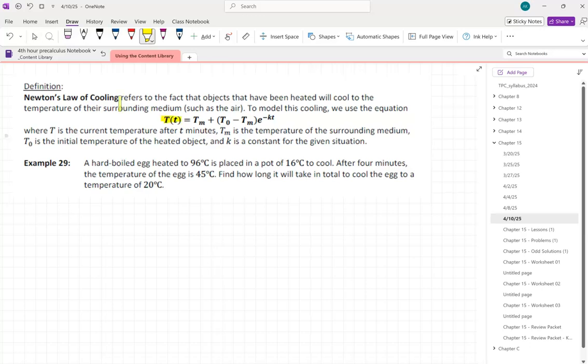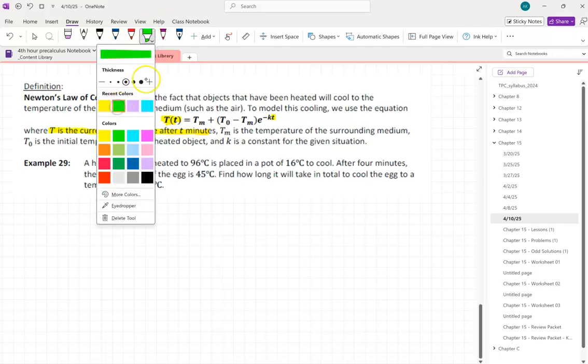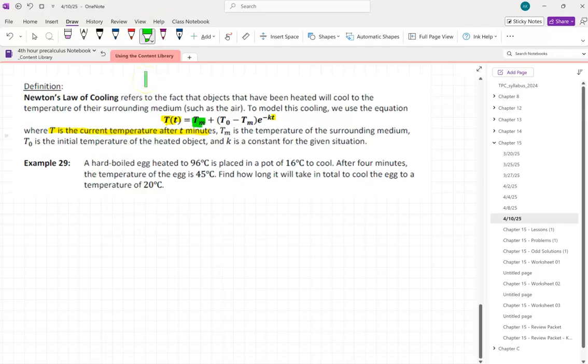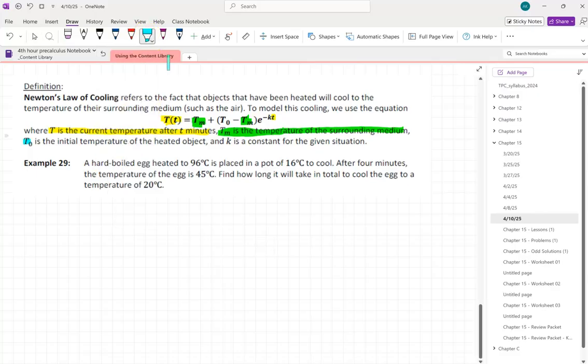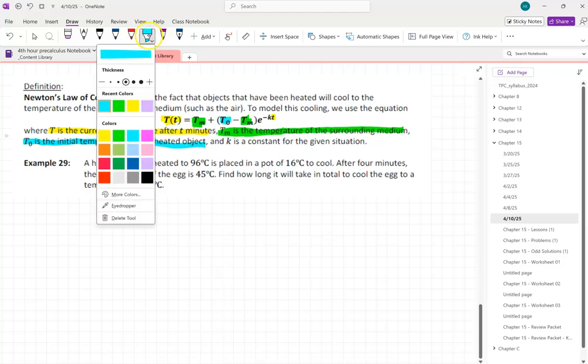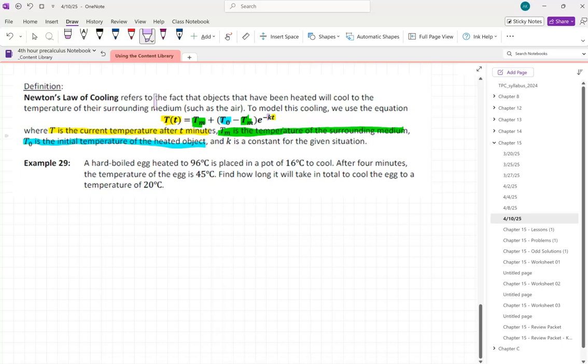So we have T of t, that's the current temperature after t minutes, where t is the exponent there. We have the surroundings that the object is sitting in, that's the Tm. We have the initial temperature of the heated object, that's the T naught. And then we have a constant for the specific substance that's cooling.